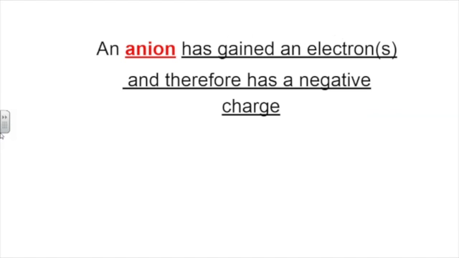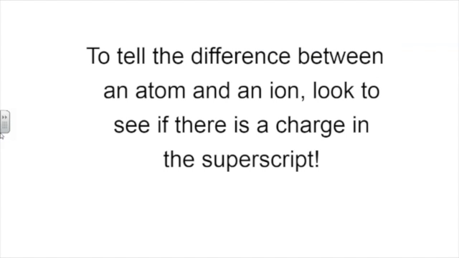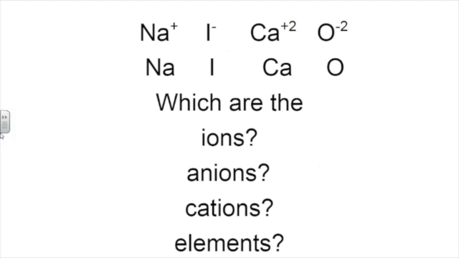An anion has gained electrons and therefore has a negative charge because it has more electrons than what it typically has. So you do need to make sure you typed out cation and anion and know those definitions. To tell the difference between a cation and an anion, you can look to see if there is a charge in a superscript. So for example, here we have a list.